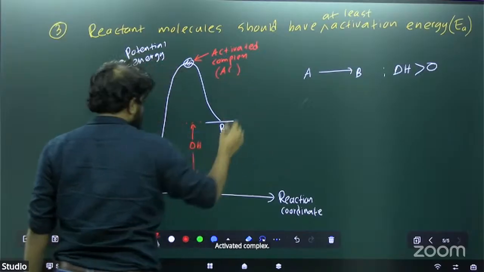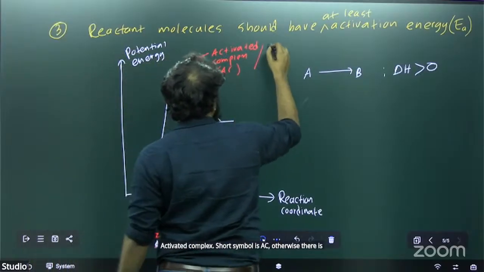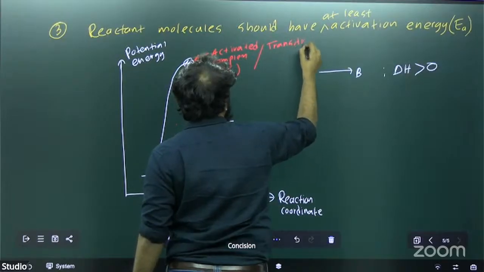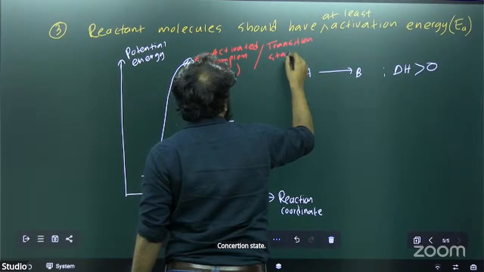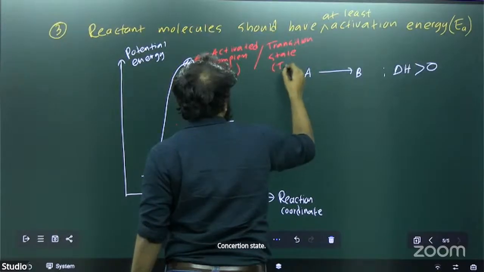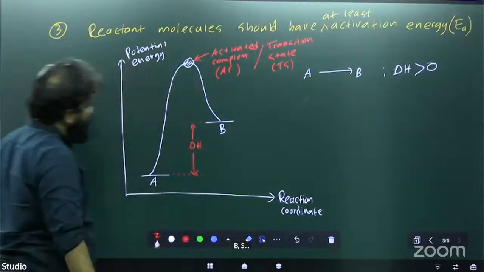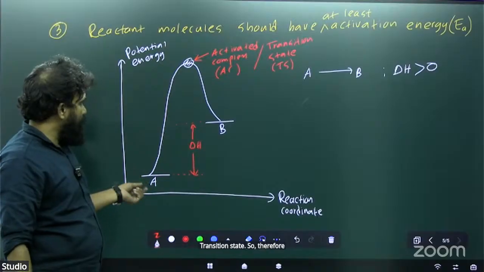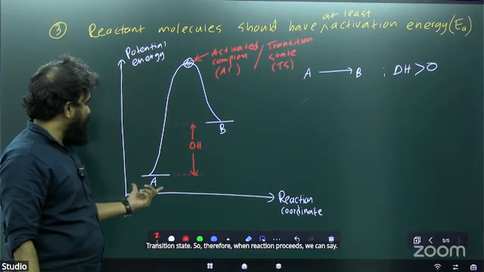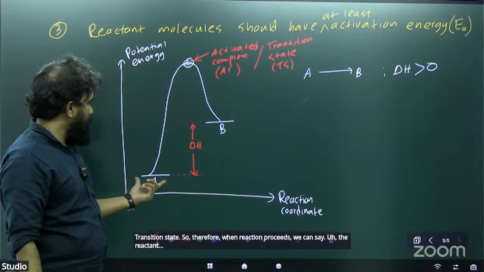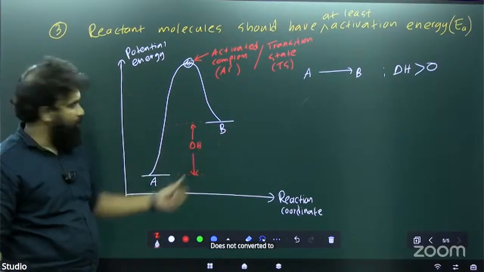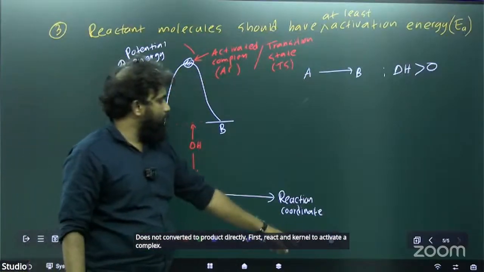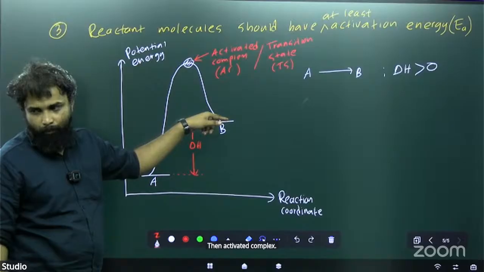The short symbol is AC; otherwise there is another name, transition state, TS, right? Transition state. Therefore, when the reaction proceeds, we can say the reactant does not convert to product directly. First, the reactant is converted to the activated complex, then the activated complex turns to the product, right?